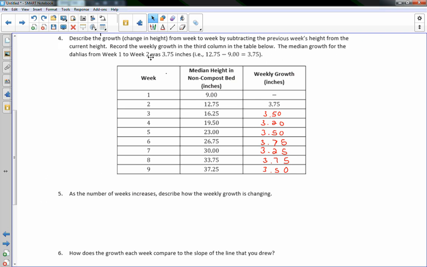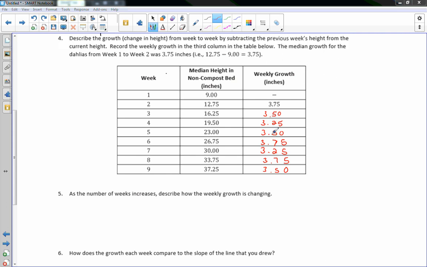Number 5 says, as the number of weeks increase, describe how the weekly growth is changing. So as the weeks increase, it grew 3.75 the first week, but then it only grew 3.5. Then it slowed down some more, but then it sped up again, then slowed down, then sped up, then slowed down. So it's all over the place. But if we're talking about height in inches, then they're all 3s, and they range within a half an inch.